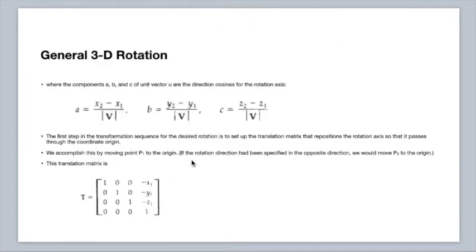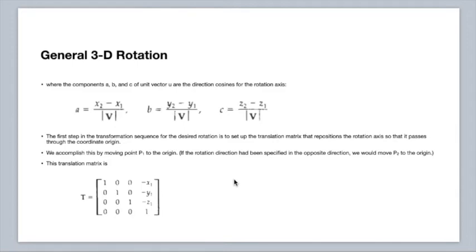So the translation is done from the point P1, which is x1, y1, z1, to the origin. So you have to move it in the opposite direction, back to the origin.